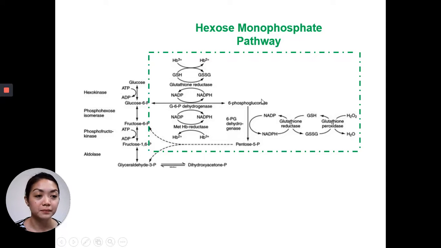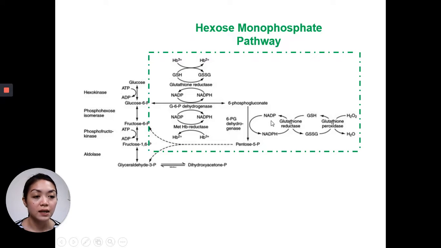Okay, another pathway here, 6-phosphogluconate. This time it's 6-phosphogluconate dehydrogenase naman, converting to pentose 5-phosphate. That's why we call this pathway as PPP, pentose phosphate pathway.